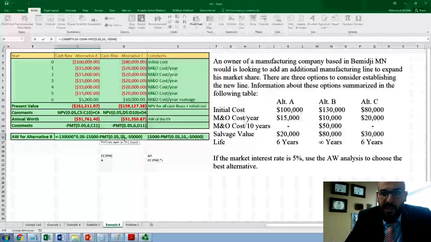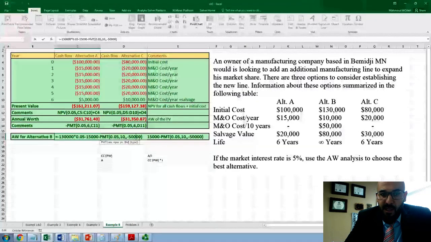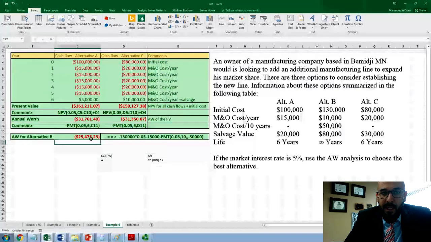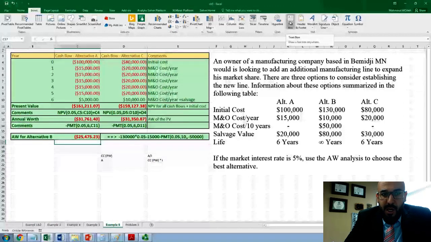We're trying to find the equivalent of this amount over the 10 years, and we don't have a present value. The 50,000 is a future value, entered as negative 50,000, and that would give you an annual worth for alternative B of 25,475. Therefore, which option should we select? We should select alternative B, because this will give us the less expensive option.